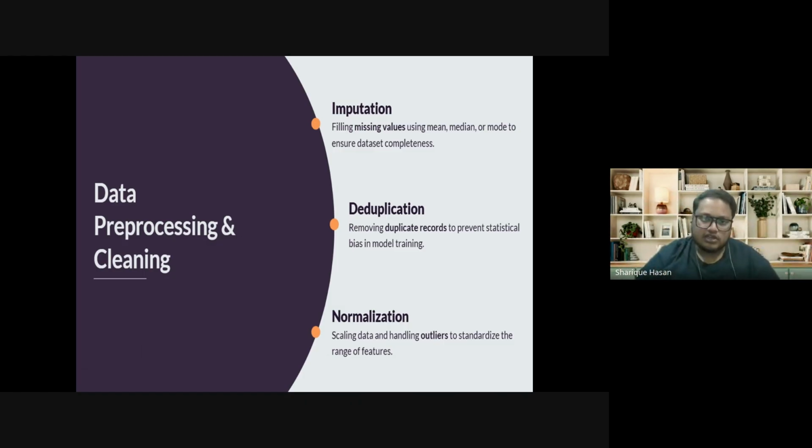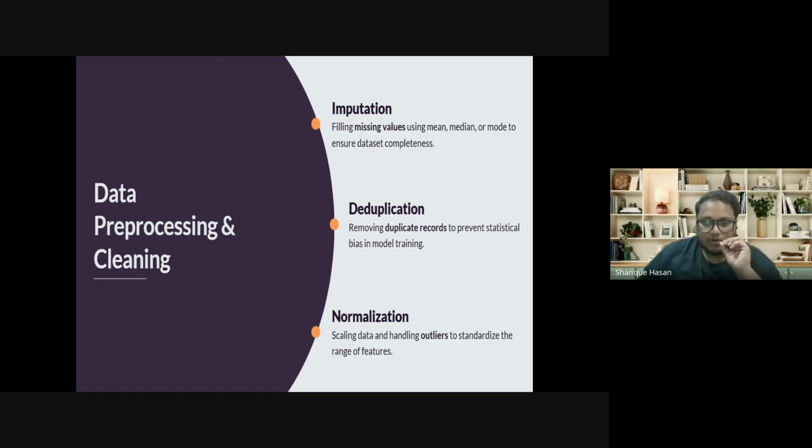It happens in the technical field, maybe due to a technical problem or human error. If you work on that data without correcting the duplicacy, the result will not be accurate, so you have to remove that duplicacy to work on the data set.